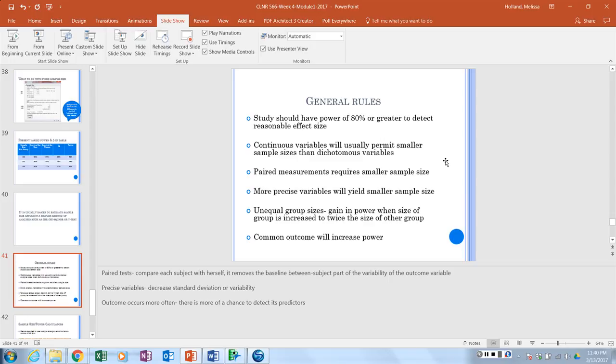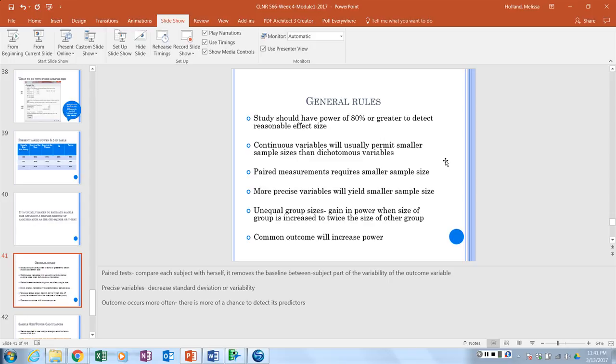This is removing the baseline between-subject part of the variability of the outcome variable. So there's no between-subject variability with paired measurements. More precise variables also yield smaller sample size, because precise variables decrease the variability.